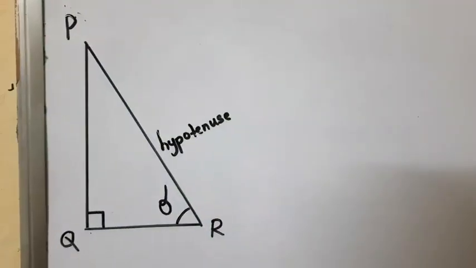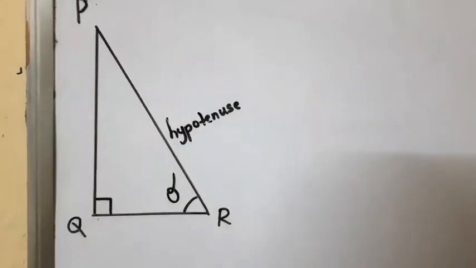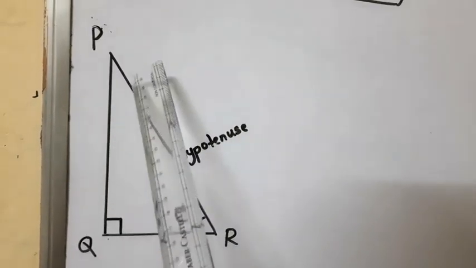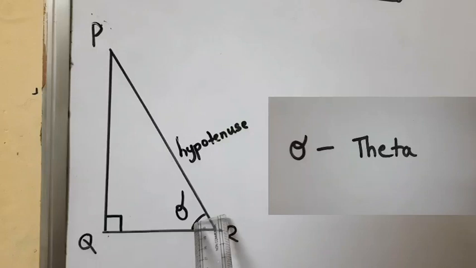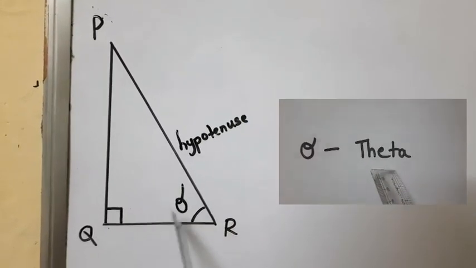Here we have taken a right-angled triangle PQR, in which angle Q is 90 degree. Then PR is the hypotenuse. Near to angle R you can see a symbol. This symbol is called theta.